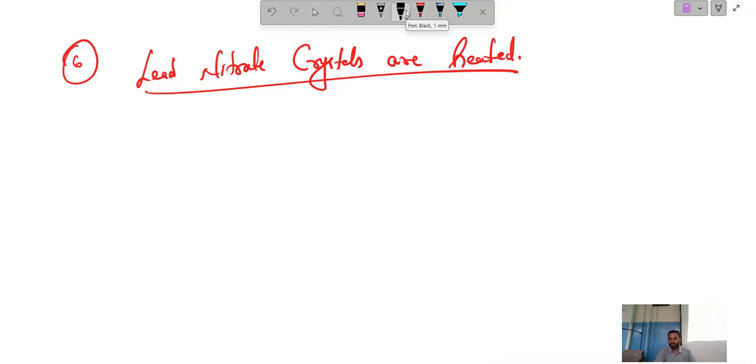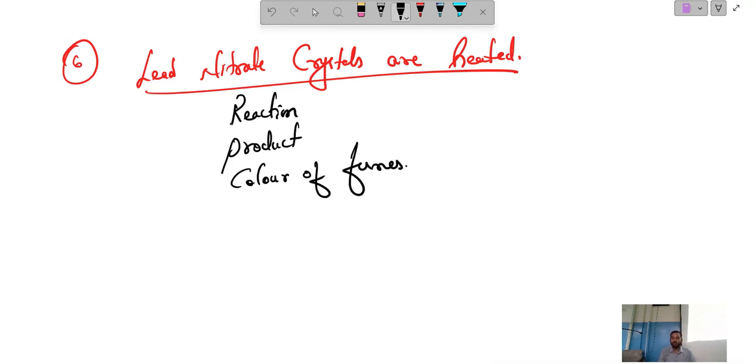They may ask you to write the reaction. What happens when lead nitrate crystals are heated? When lead nitrate crystals are heated, it gives lead oxide. Remember that reaction you're supposed to write. After writing the reaction, you have to name the product formed. Write the color of the fumes.